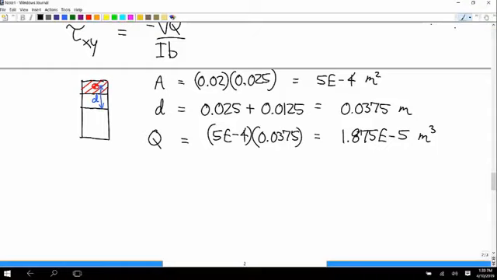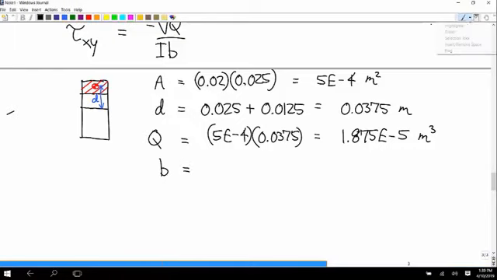And then B is just the base at the line of interest. This is a rectangle, so that is just 0.02 meters everywhere.